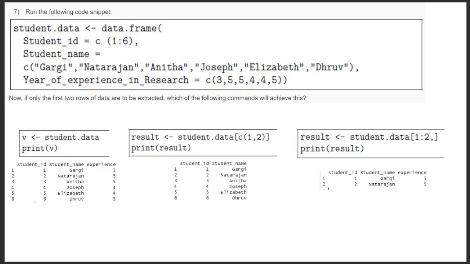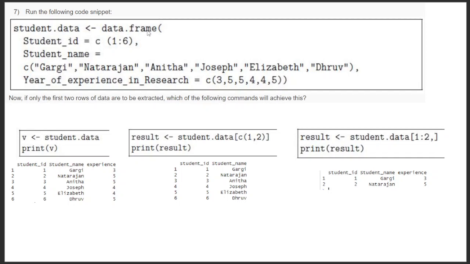So seventh question, run the following code snippet. Now if only the first two rows of the data are to be extracted, which of the following commands will achieve this? Okay, they have given three commands. Let's see one by one. First, let me explain what this does. We are using the data frame technique to invoke the columns for the student data.